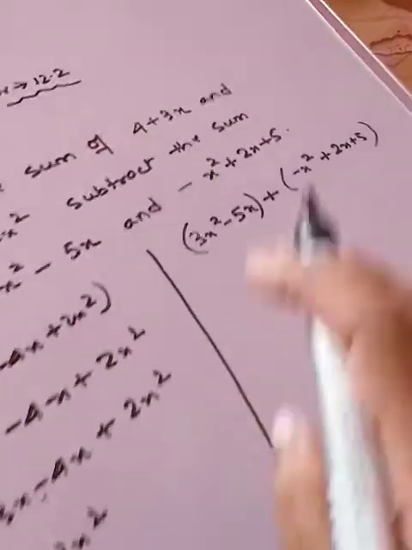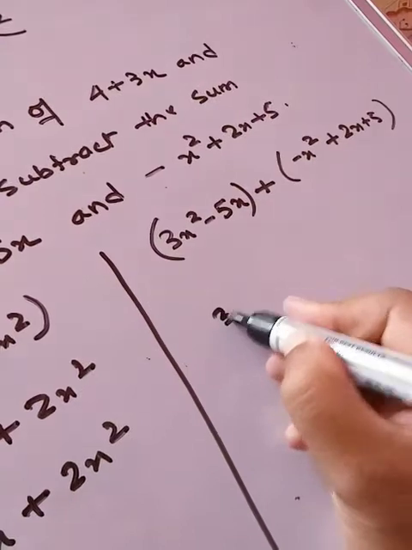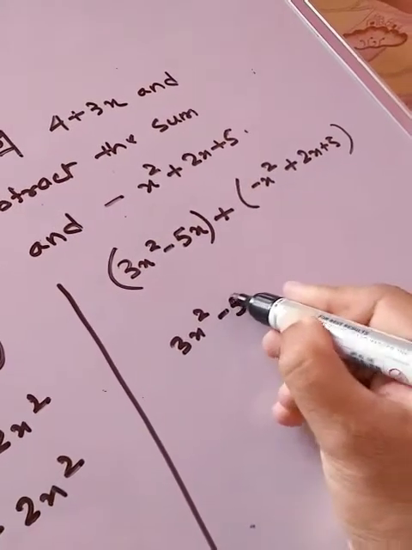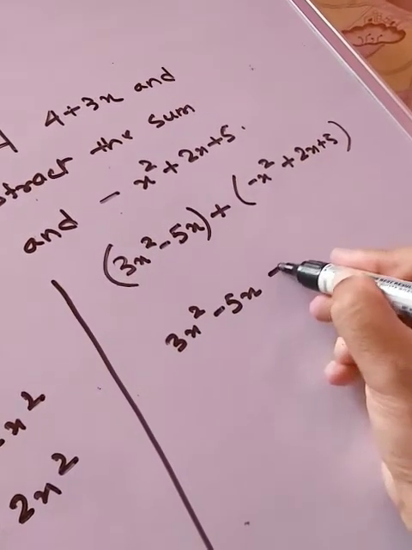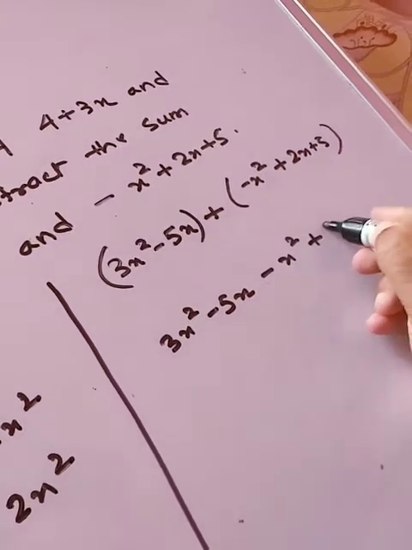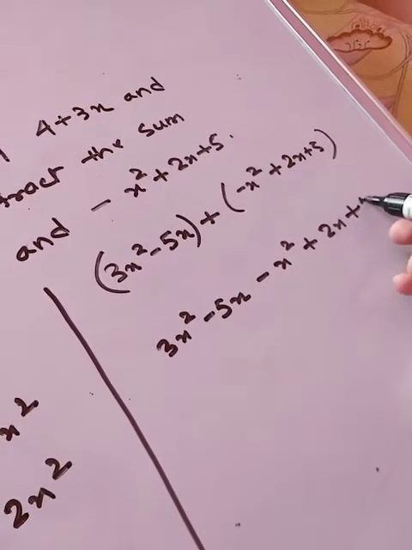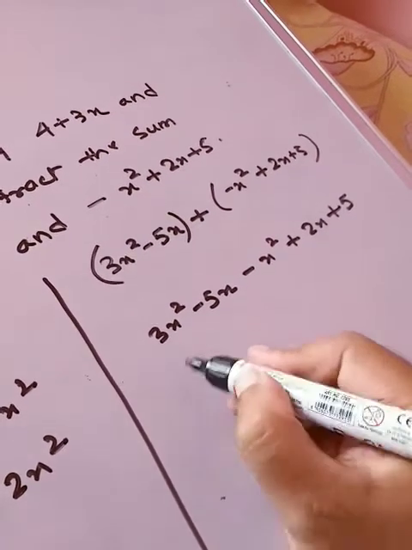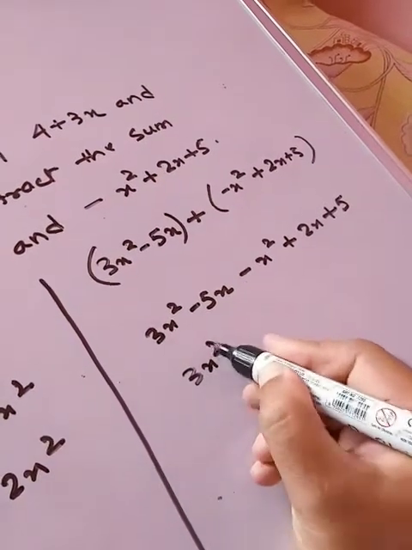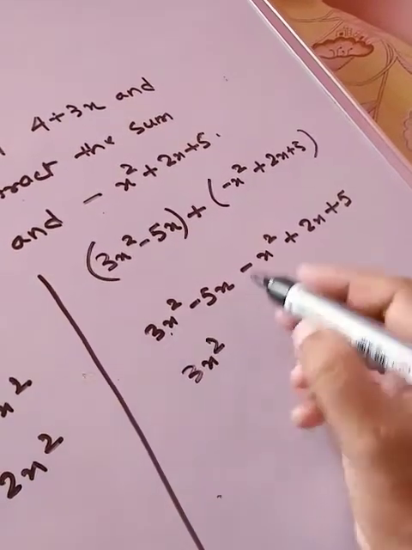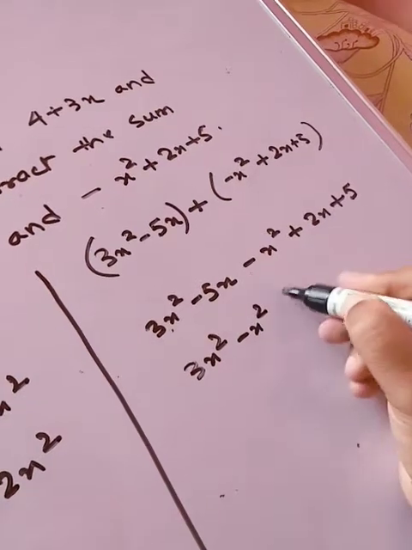So the sum of these two is this. Now let's get the sum of this one. First open the bracket. 3x square minus 5x plus minus is minus x square plus 2x plus 5. Now bring the like terms together, that is x square with x square, x with x.